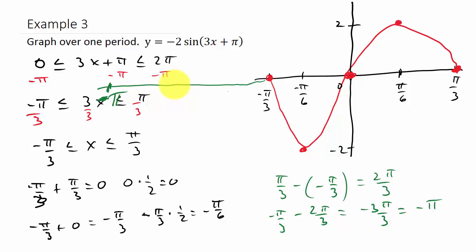Okay, and then the same thing here. If you wanted to go the other way, you would just take pi over 3 and add the 2 pi over 3, the length of the period. You would get pi. So you would mark off pi and then break that up into 4 equal intervals. Okay, so that's how you could do it over 2 periods.